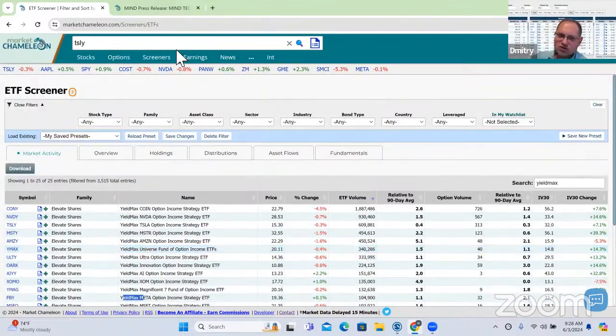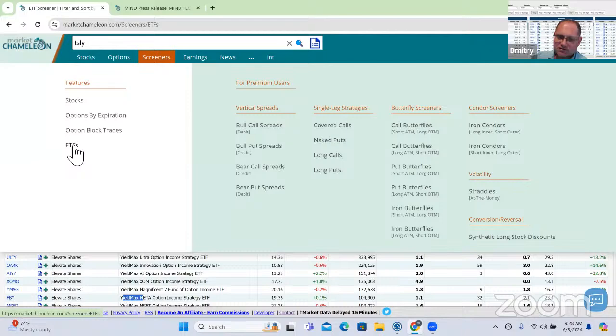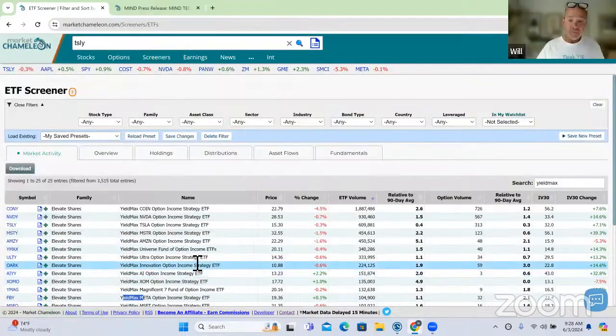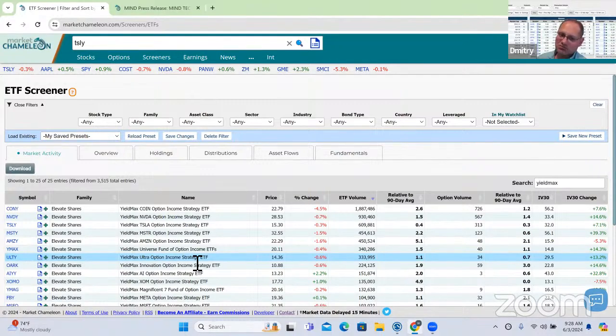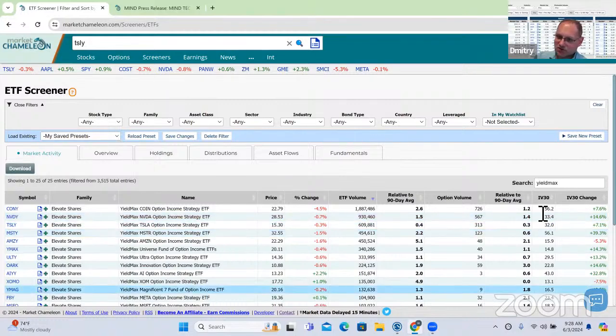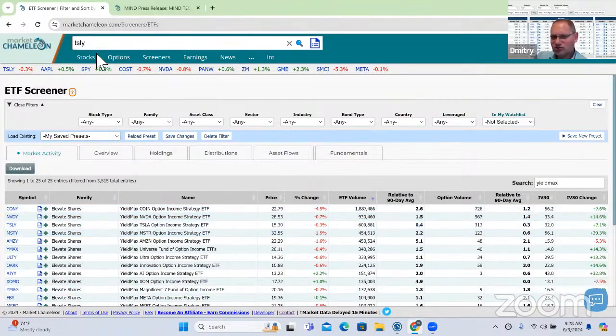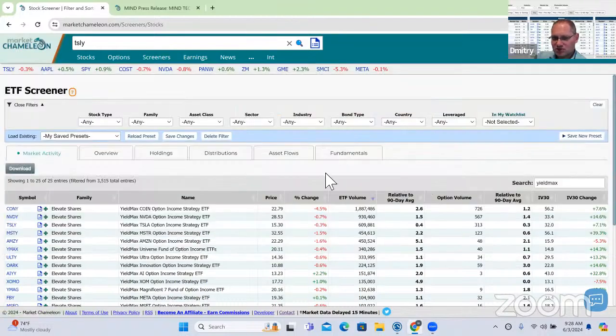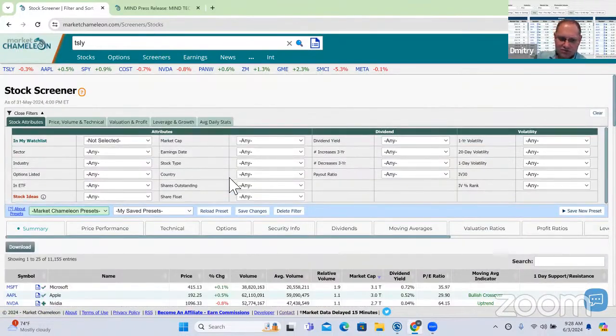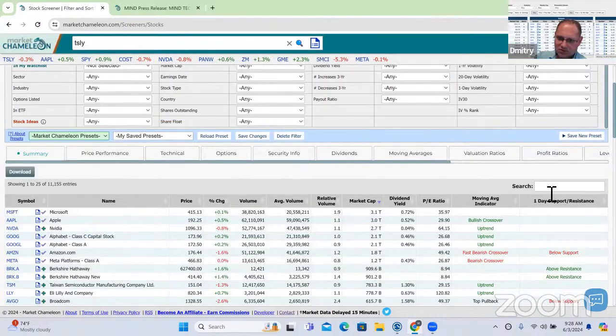So it's under Screeners, ETFs over here. And then it makes it a little bit easier because Yield Max is in the name. So this is a way you could search it. You could do it from the stock screener too, I think. Let me just try from the stock screener.